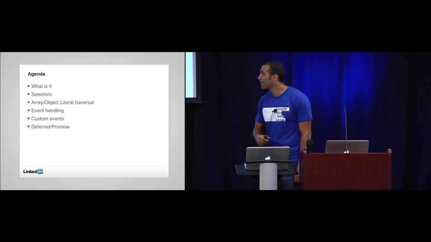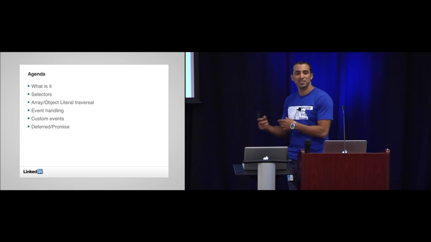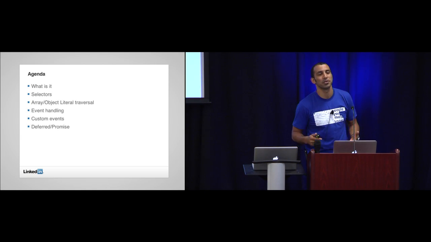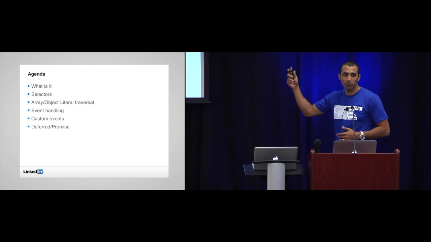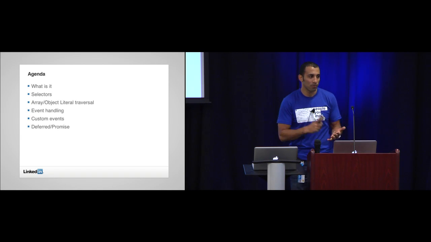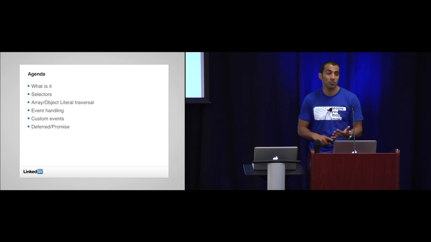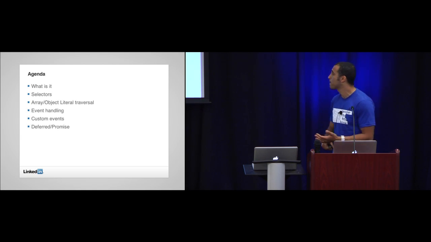Okay, so today what we're going to cover: we're going to talk about jQuery, what it is. We're going to go over some simple selectors and just scratch the surface of what jQuery does, because I don't want to bore you with the gory details. We're going to talk about some of the cool things it does with respect to traversal, iteration, array and object literal traversal. Event handling, how it does it and why it's good the way it does it.